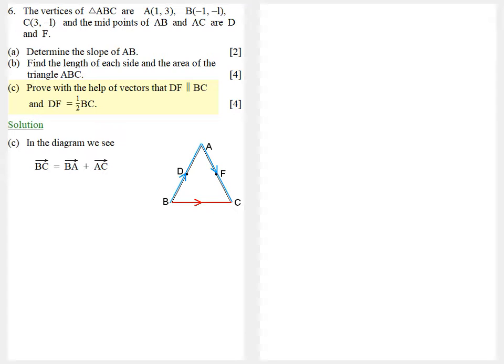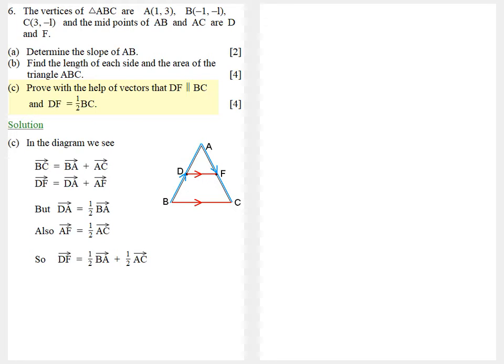Now, in terms of vectors, going from D to F is the same as going from D to A and then A to F. So the vector DF is equal to the vector DA plus the vector AF. But vector DA is equal to a half of vector BA, and also vector AF is a half of vector AC.